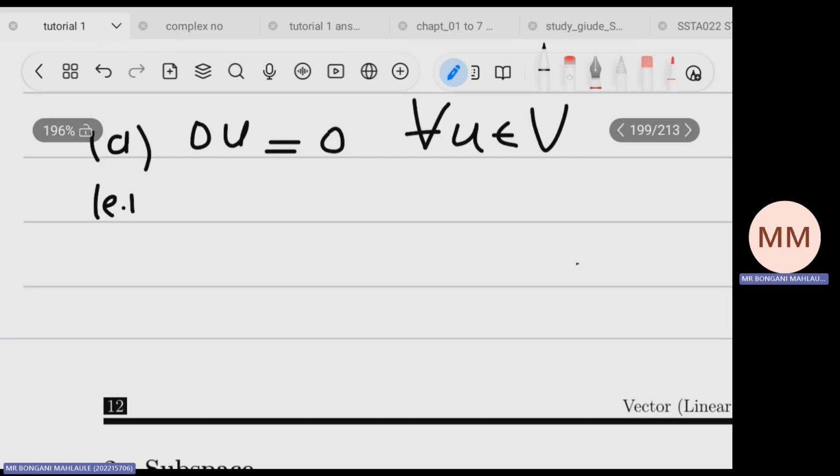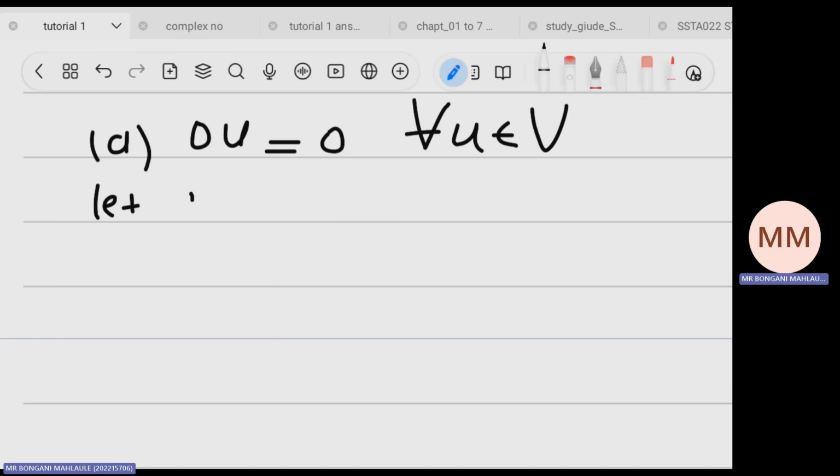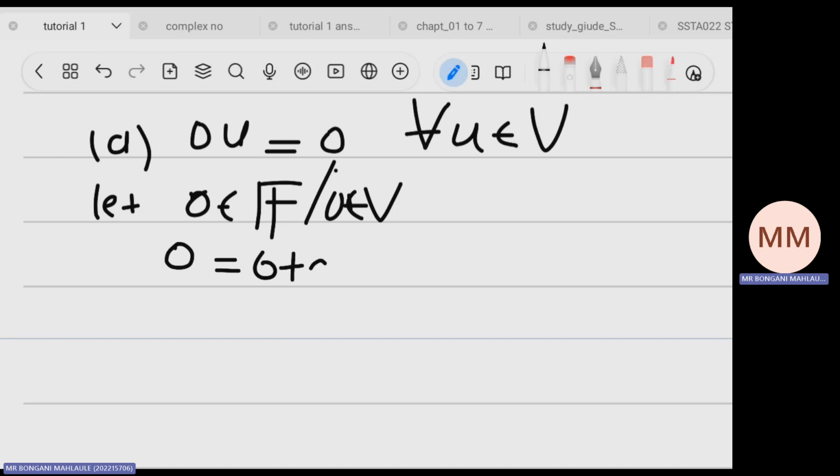So we can say let 0 be an element of the field F, or you can even say 0 be an element of the vector space, it is still fine. Then we know that 0 is equal to 0 plus 0, right? We know that this is true.